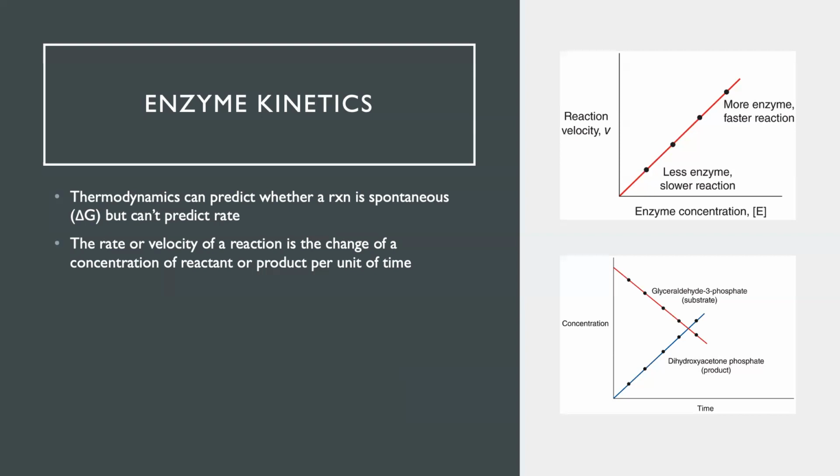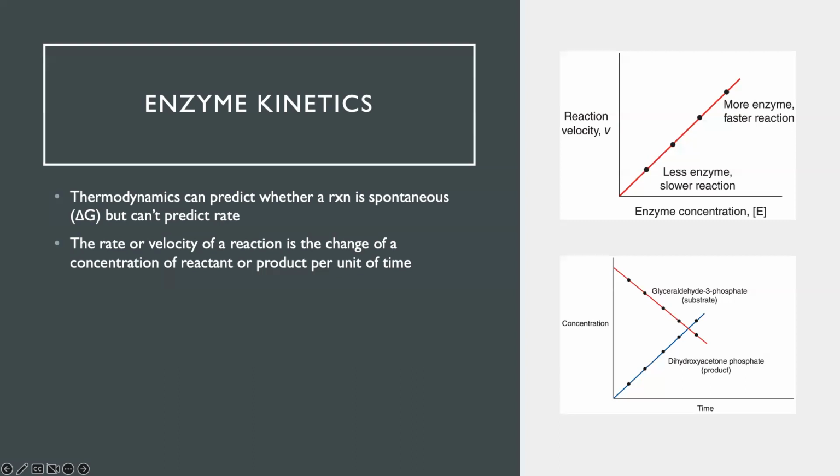And so we have a formula, and it's V equals k[A], where A is going to be the concentration of either the substrate or of the product.